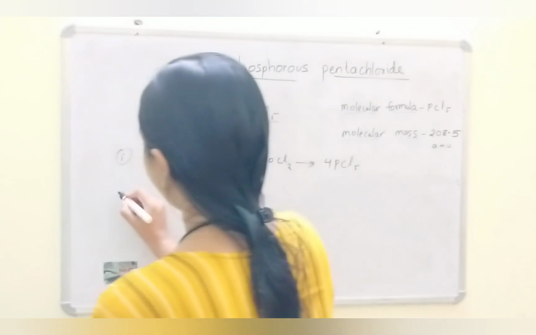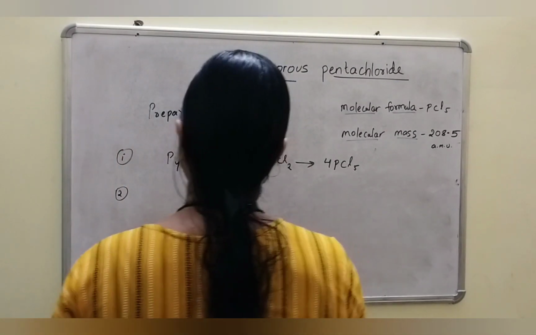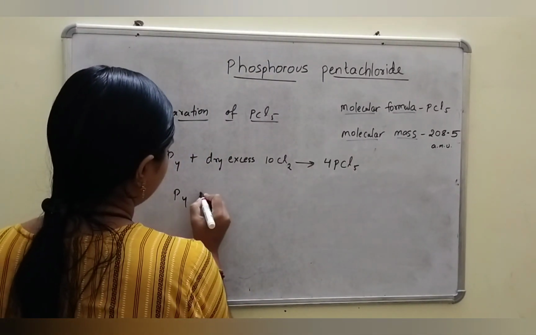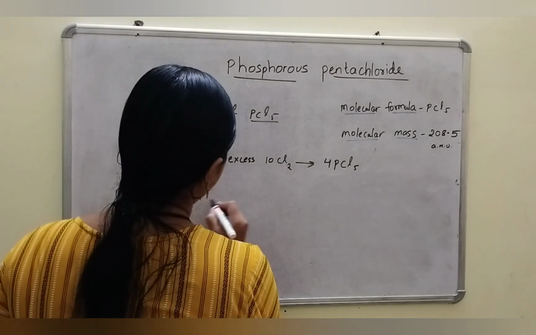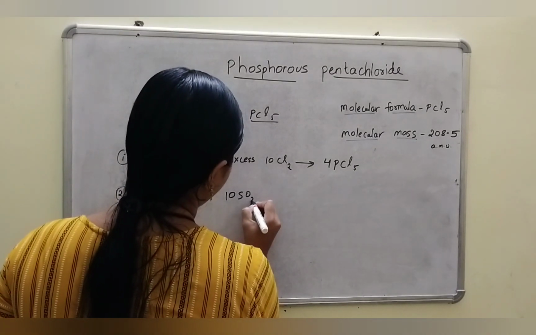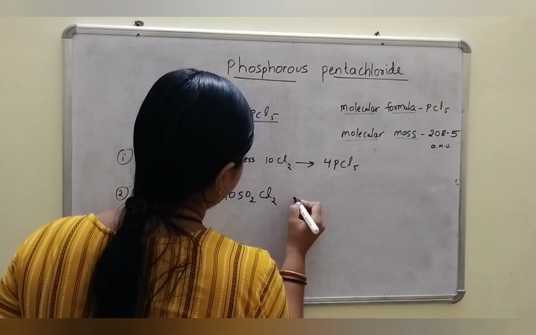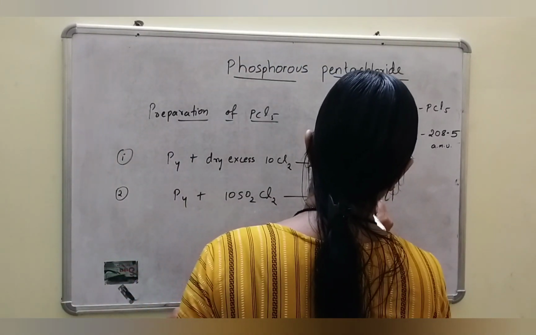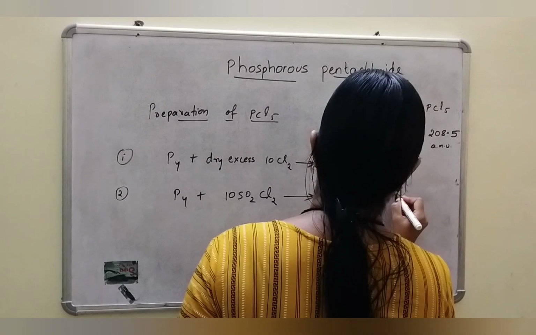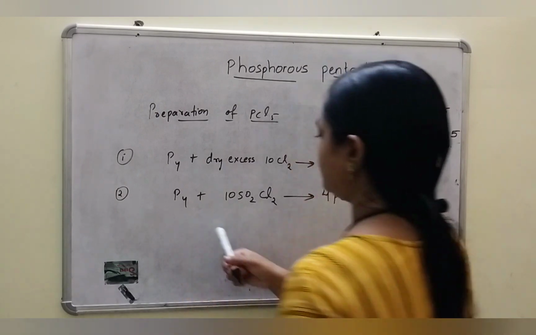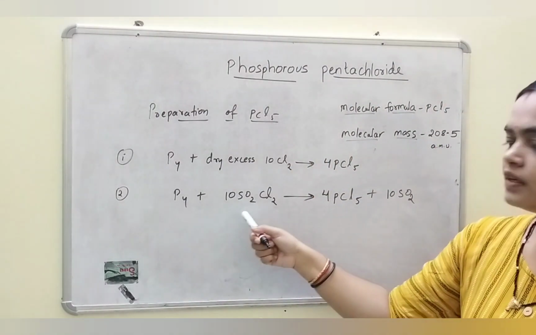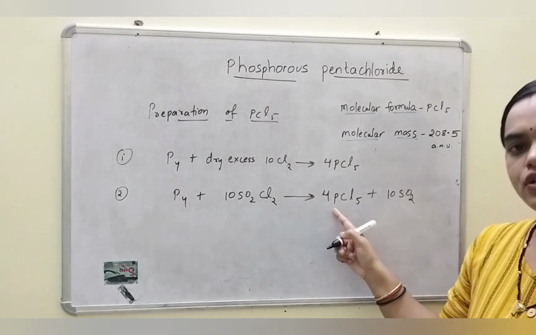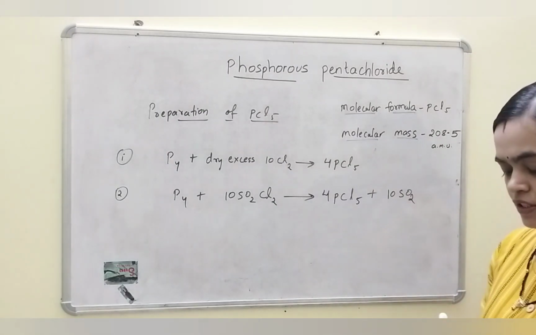And the second preparation is phosphorus when treated with sulfonyl chloride. When treated with sulfonyl chloride, they form phosphorus pentachloride. Phosphorus when treated with sulfonyl chloride gives phosphorus pentachloride and 10 SO2.